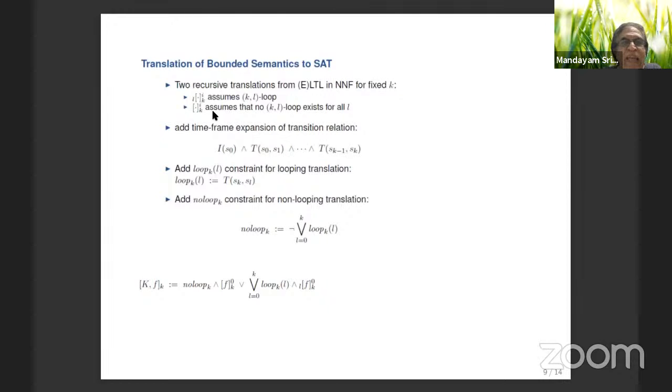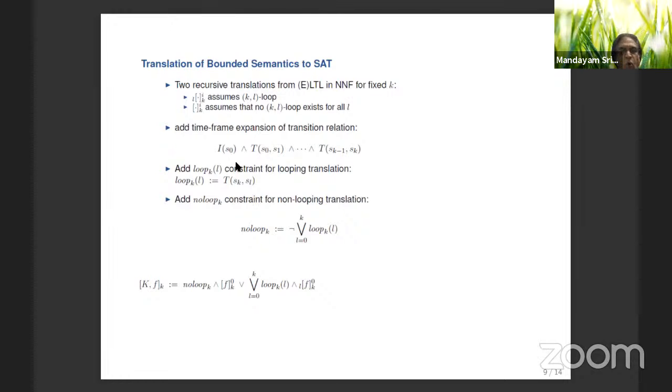If you just have IK, it assumes that there is no KL loop in the K-long path. And if I have L before, then it means it assumes that in that K-long prefix of the infinite path, there is a lasso from K back to L. We'll see how the formula is generated.